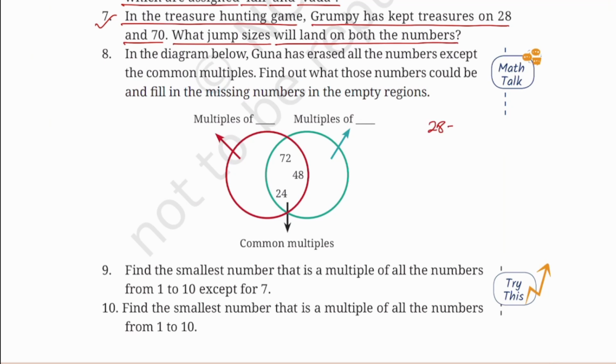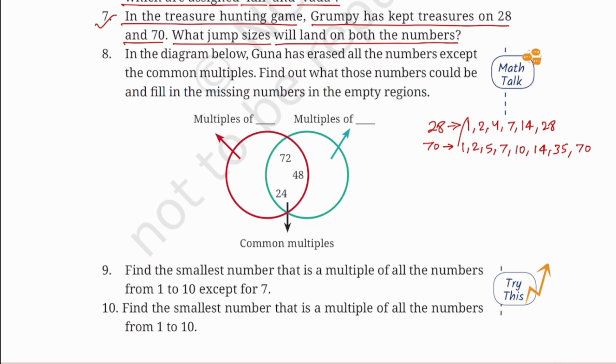Factors of 28: 1, 2, 4, 7, 14, 28. Factors of 70: 1, 2, 5, 7, 10, 14, 35, and 70 itself.